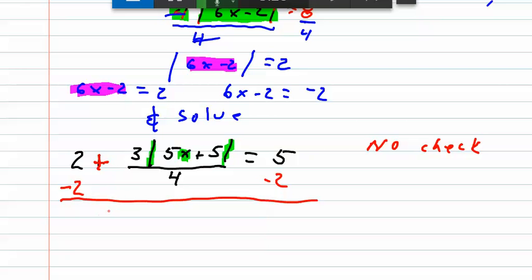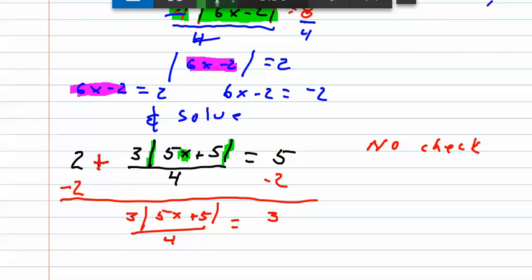And I get 3 times my absolute value of 5x plus 5, divided by 4, equals 3. Now I have a choice. I can multiply both sides by 4 to eliminate the fraction.